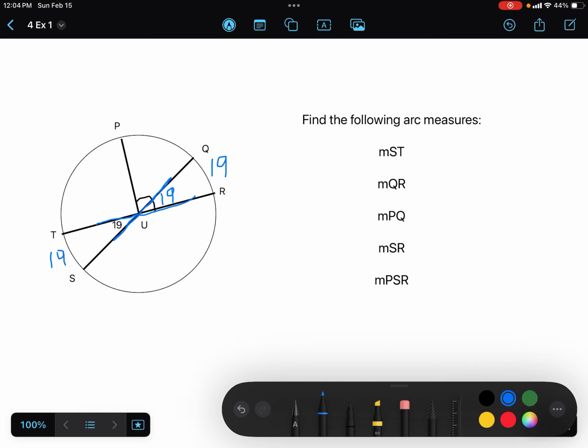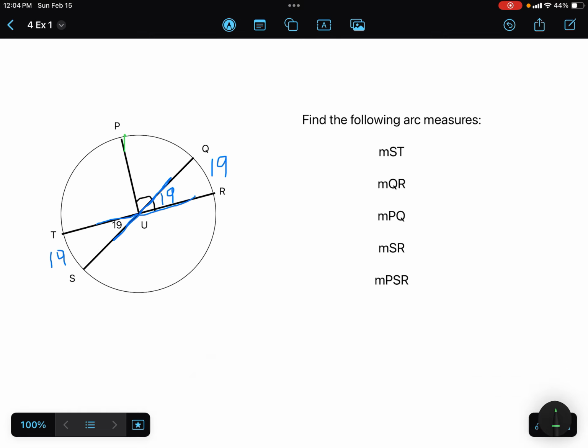Well, we also have this right angle right here, and we have used up 19 degrees of it, which means we have 71 degrees remaining to get those 90 together, which means that 71 is also arc PQ.